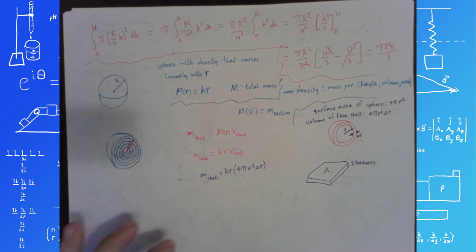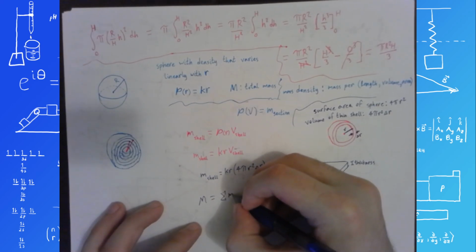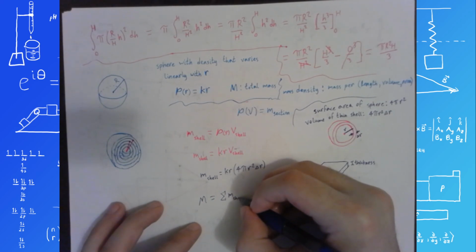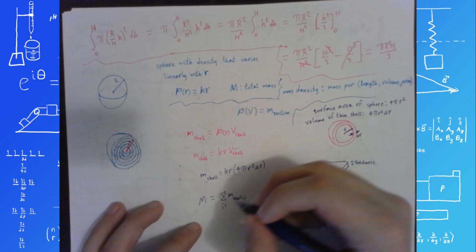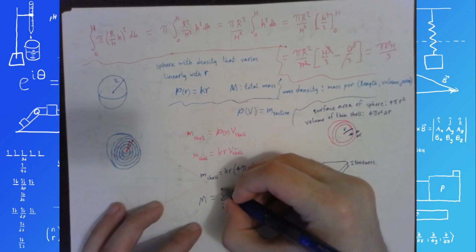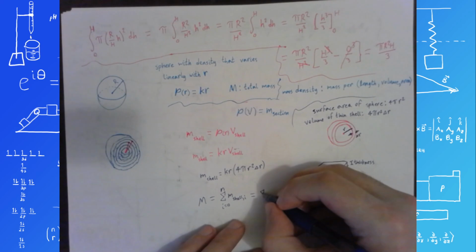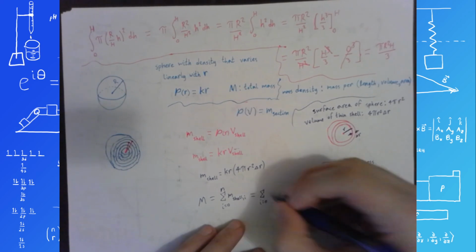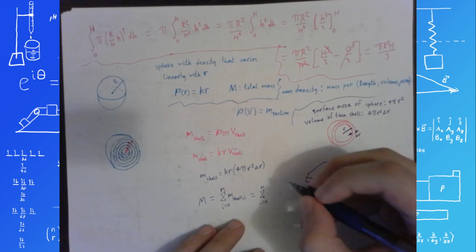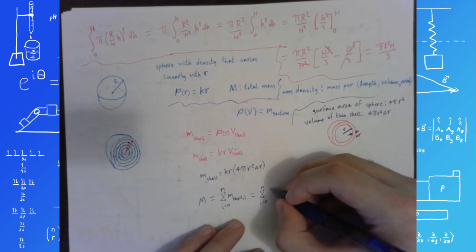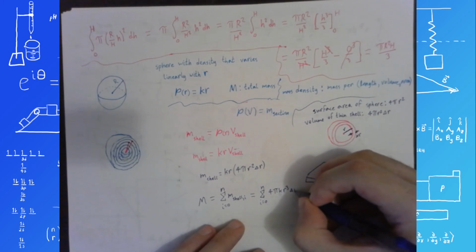And if I want to do this for multiple shells, if I want the total mass, it equals the sum of the masses of shells i, where i starts from whatever your first shell is, I guess shell 0, up to shell n. It would be the sum from i equals 0 to n of, let's multiply the k and r into this, 4 pi k r cubed delta r.